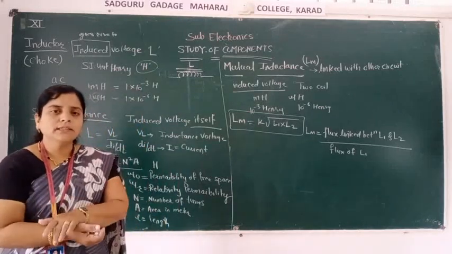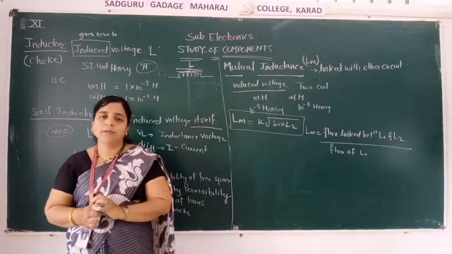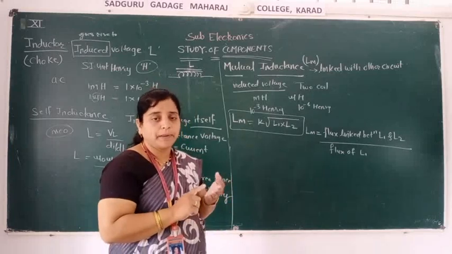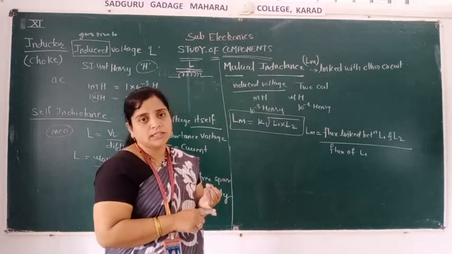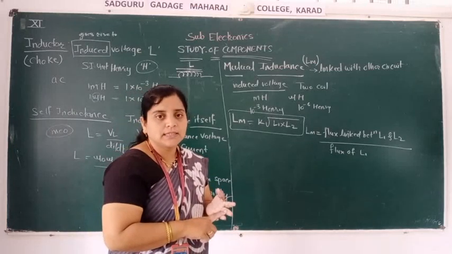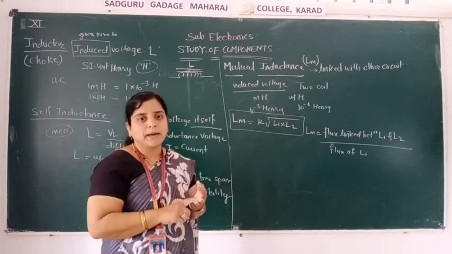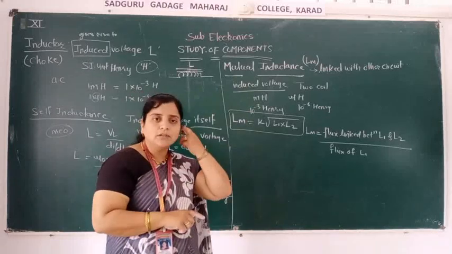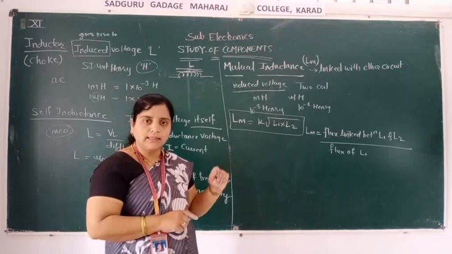Now we have seen the types of capacitor, isn't it? In types of capacitors we saw which types of capacitors there are: air core capacitor, paper capacitor, and mica capacitor. We also saw types of resistors, like the wire bond resistor. Like that, here also some types of material are used in the inductor.